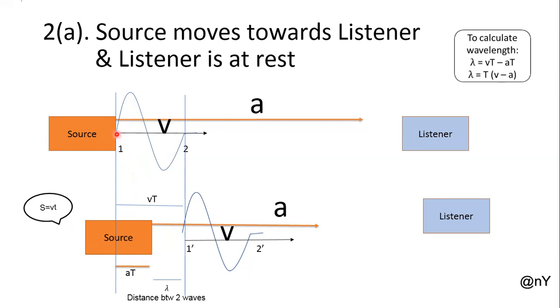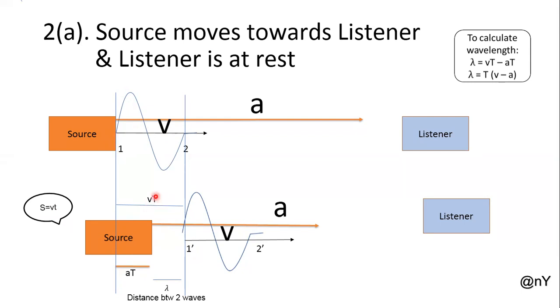If for convenience, I have taken only one sound wave, which has a wavelength lambda, and it has point 1 and point 2, so after some time, capital T, this point 1 will move to the point 2, that is 1 dash, and the point 2 will move to another point called 2 dash. So it has traveled a total distance of vt since the velocity of these sound waves is taken for convenience as v.